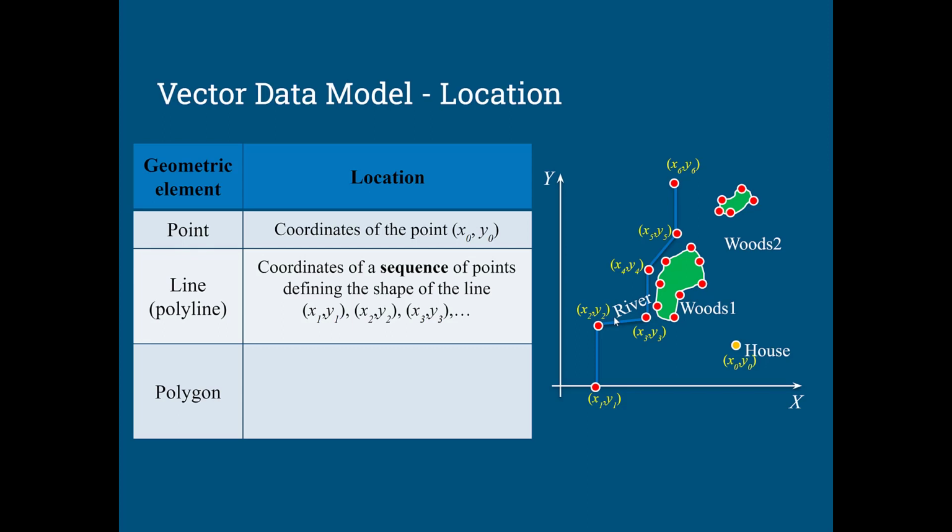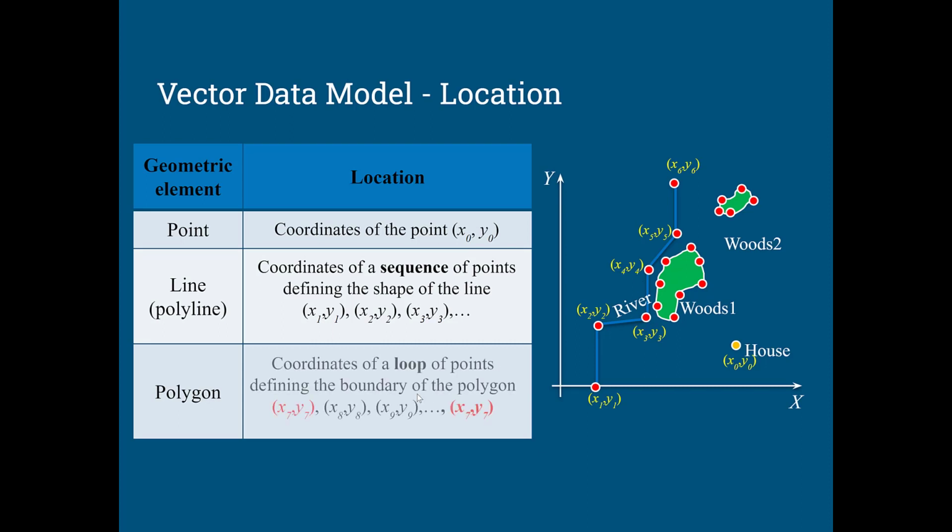So we call those points shape points. When we try to record or represent the location of this river, we just need to record the coordinates of those shape points. But you need to do that in order, right? Because you cannot go randomly from one point to another point. We need to follow a certain order.